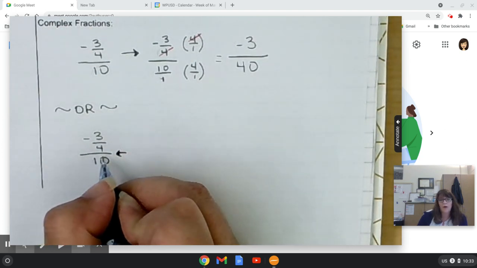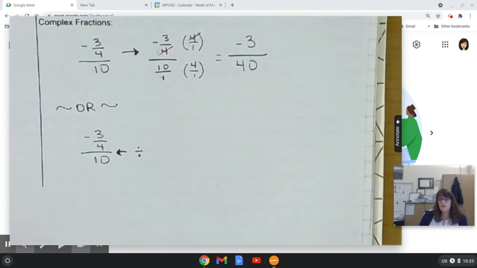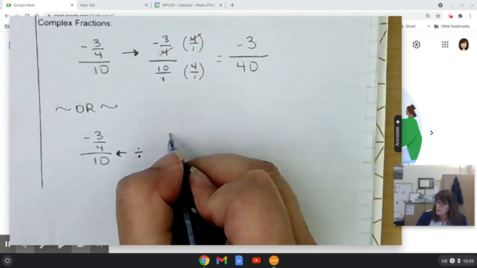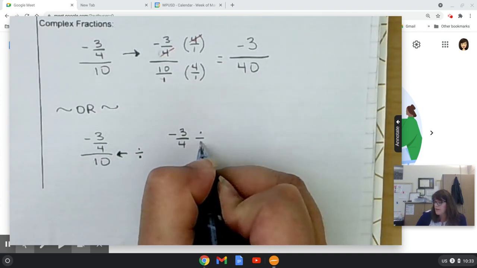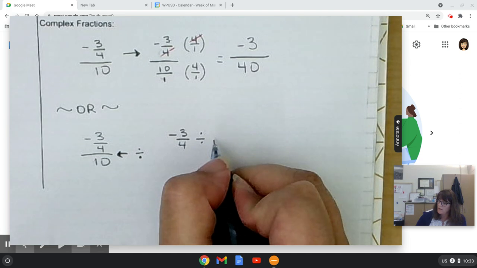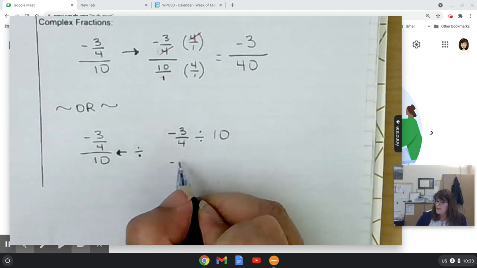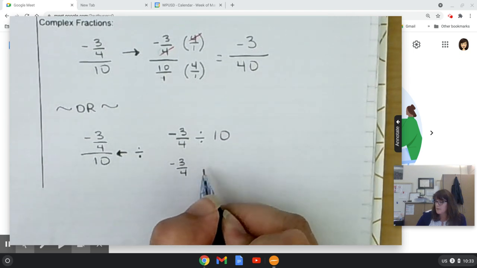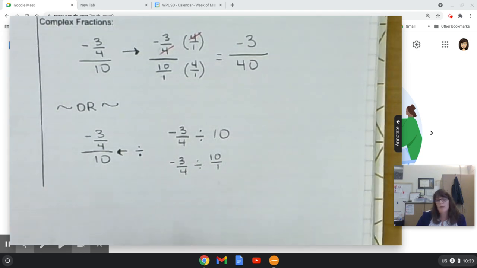The fraction bar is and always has been, always will be, division. So what we're really saying here is negative 3/4 divided by 10. That just simplified it a whole bunch. Negative 3/4 divided by 10 over 1.